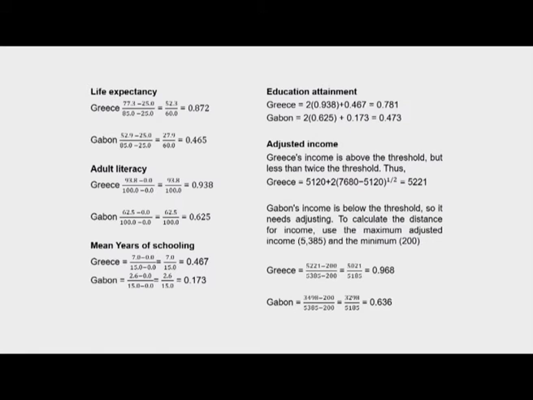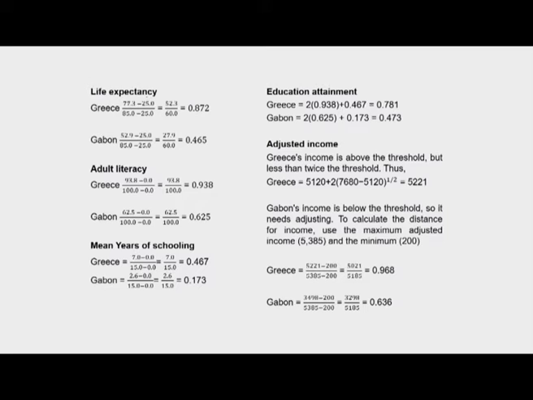Now let us look at the calculation of the individual indices first. For life expectancy, the actual estimate for Greece was 77.3. So that is actual minus the minimum, divided by maximum minus minimum. Note this difference in formula used in 1994 compared to that which was used in 1990, where the formula was maximum minus the actual divided by maximum minus minimum.